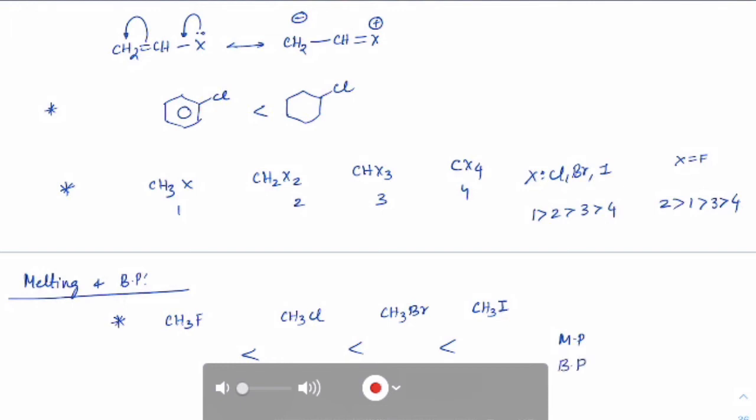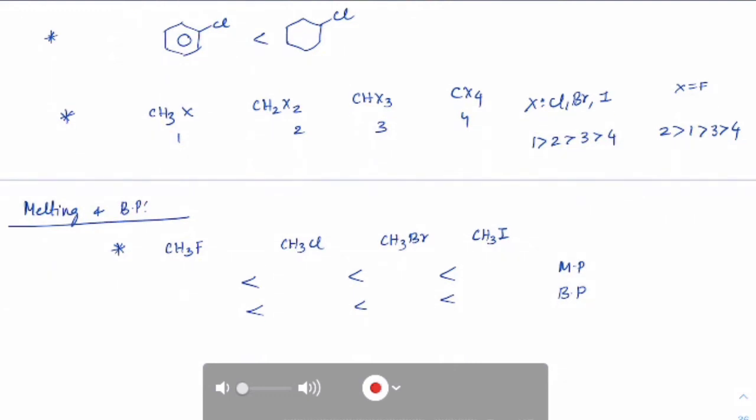The reason for this is that dispersion forces are dominant here, and dispersion forces will always be proportional to molecular weight. More molecular weight, more is the dispersion of that molecule most of the time.